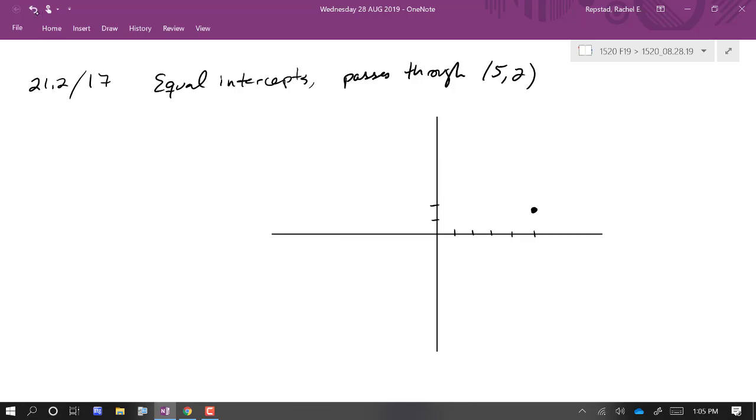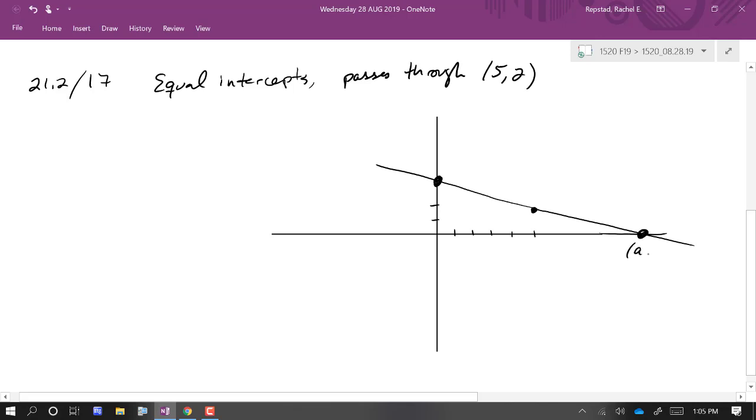So we don't know what the intercepts are, but whatever they are, maybe this is (a, 0) and (0, a). If it has equal intercepts, forget about the point (5, 2) for a second, okay? If it has equal intercepts, what is its slope?